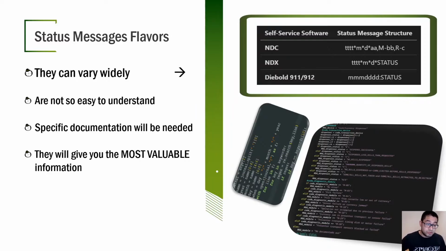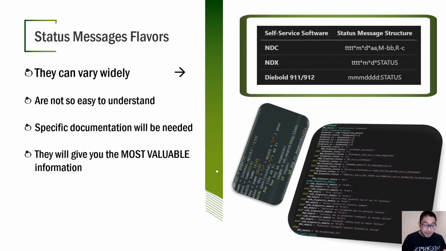Self-service software can be shared between brands. So NDC could be used in Diebold, in WinCore, and in NCR. And for example, Diebold 911 could be in WinCore. But sometimes I have faced that when I have an incident, they tell me, oh, here you have the documentation of Diebold 911, 912, because this is my WinCore ATM, and this WinCore ATM is using this.